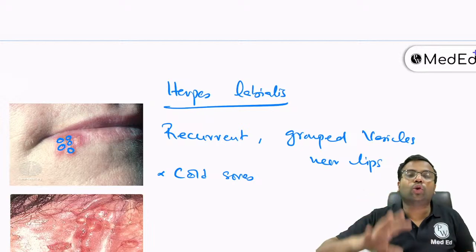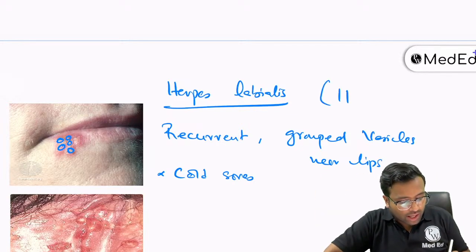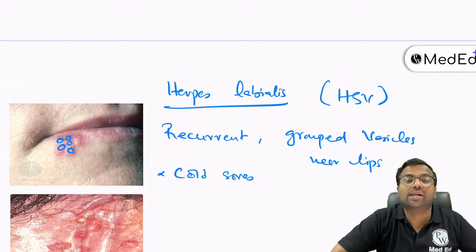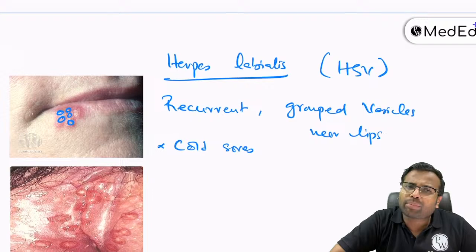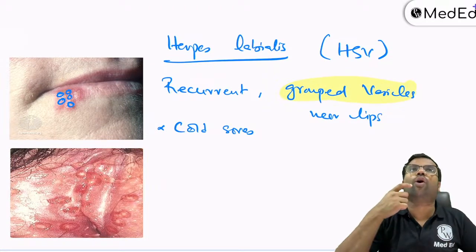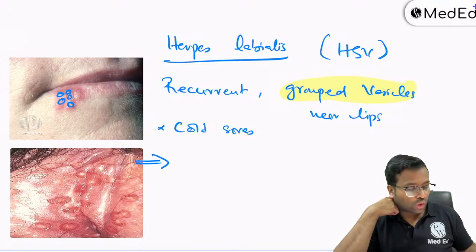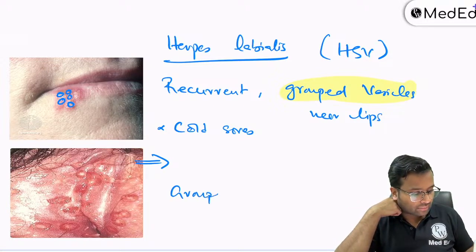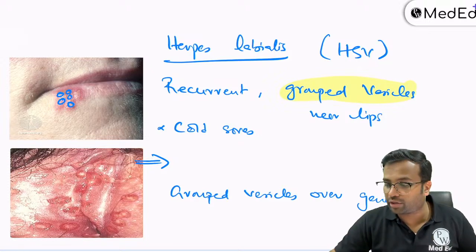Yes, multiple grouped vesicles on an erythematous base. In all those scenarios, please think about this virus, that is herpes simplex virus. Now, at the same time, if you see these kinds of grouped vesicles, instead of the lips, over the genitalia, now it seems like we are talking about a sexually transmitted infection, right?